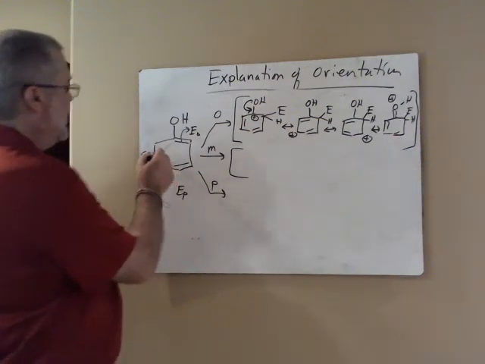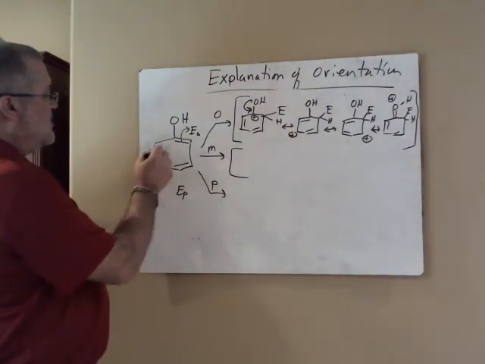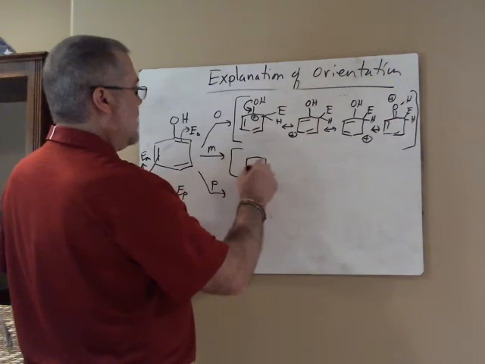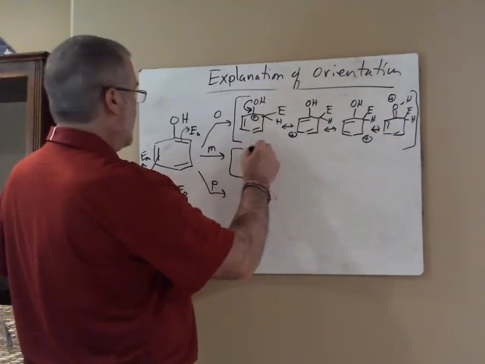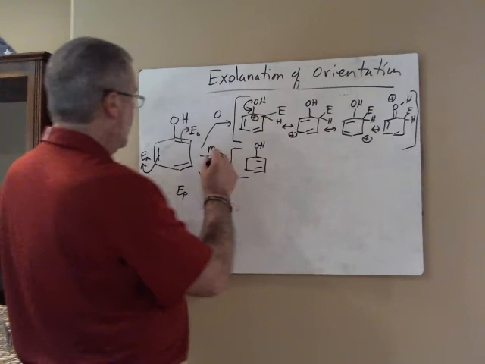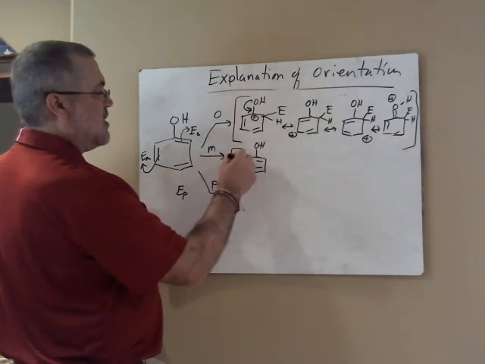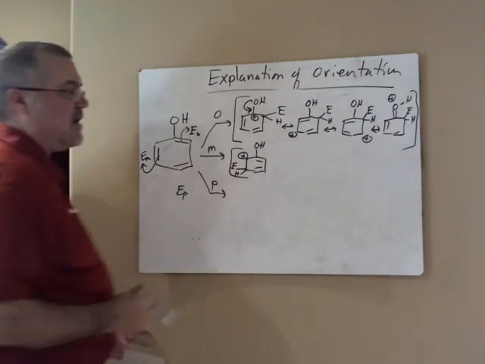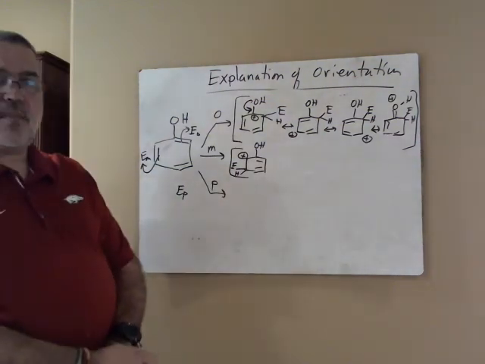So let's see. With the meta, I'm going to break this pi bond and move those electrons out to form the new bond with the electrophile. But here, since it's this bond, my deficient carbon is going to be this one, and I have my EH. Okay?